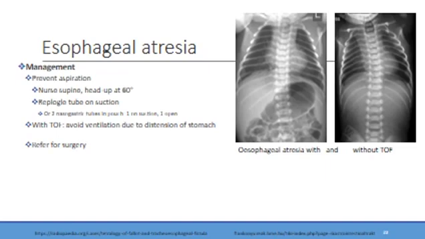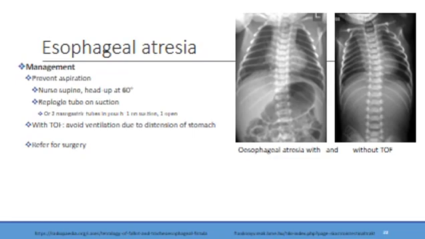If you have a baby without a TOF, as you can see in the picture on the right, then you can more easily ventilate the baby, as the gastric distension will not be possible. These babies need to be referred for surgery, either primary repair or then with the esophagostomy and then a tying off of the fistula with a feeding gastrostomy.